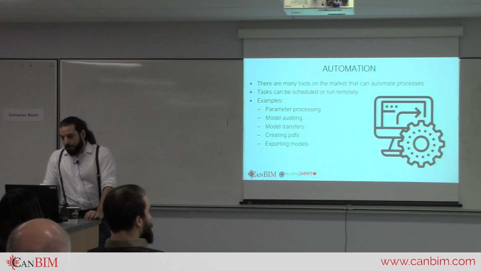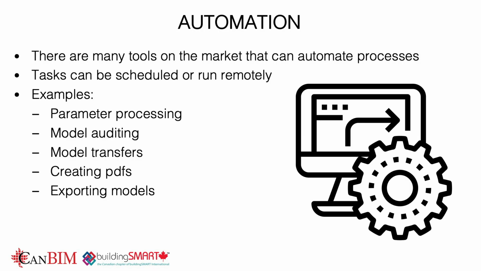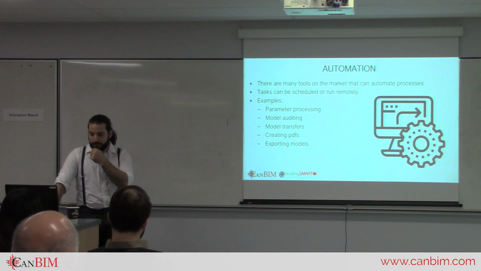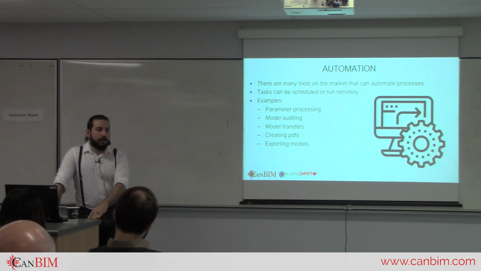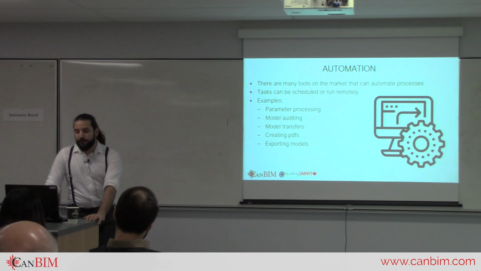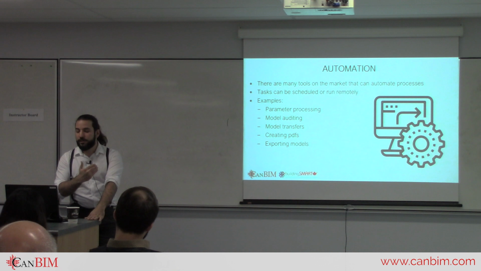Another possibility today is automation. Today we have a lot of good automation tools that can be scheduled and run completely remotely on a different desktop, because one of the biggest problems has been that if you're exporting a model, or printing PDFs or anything along those lines, you usually have an architect or engineer looking at their screen for 2-3 hours.